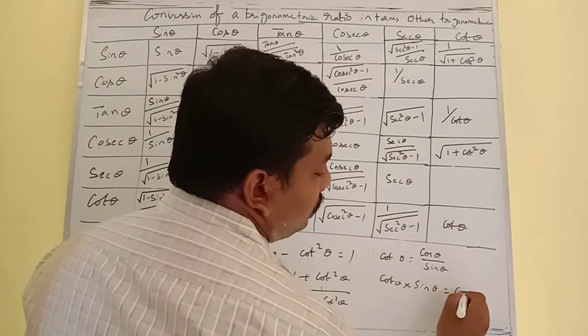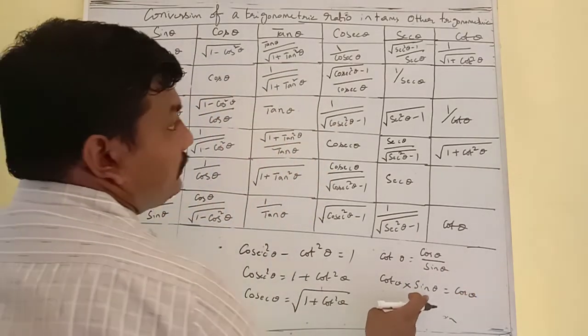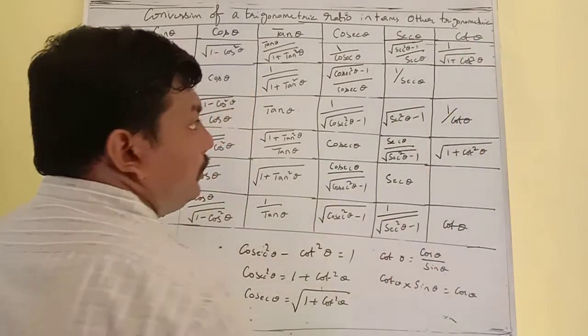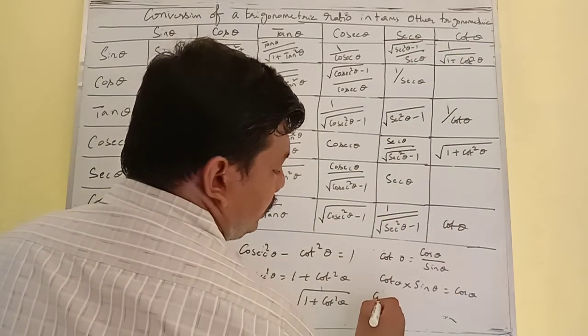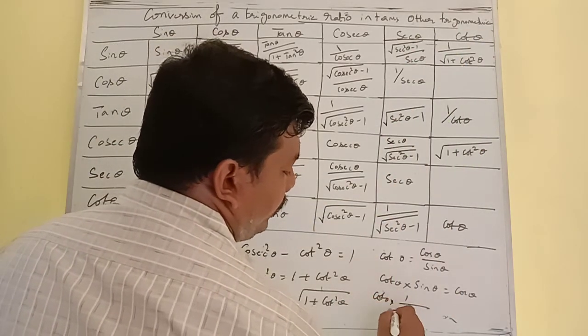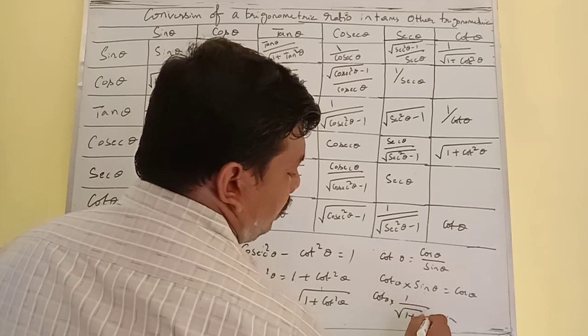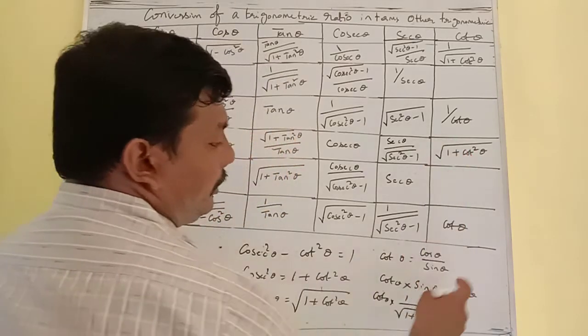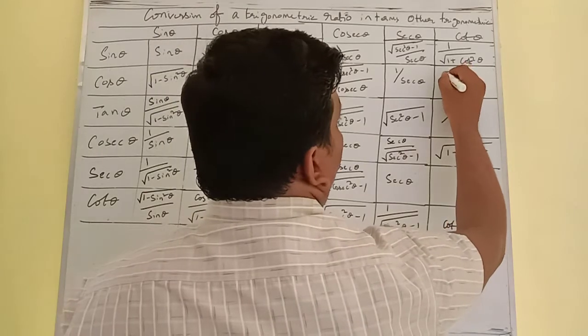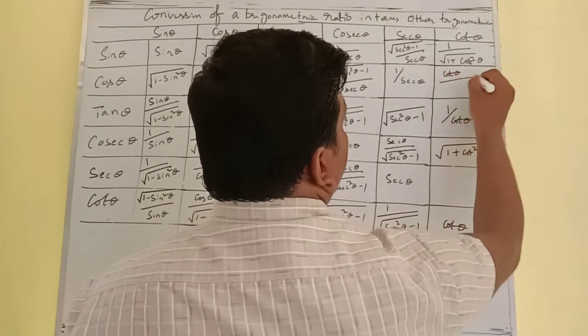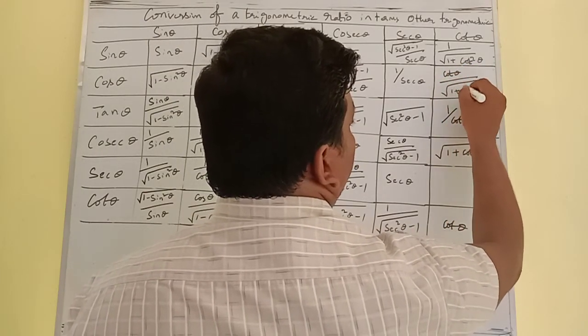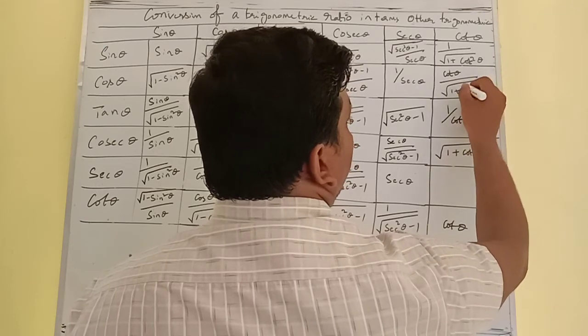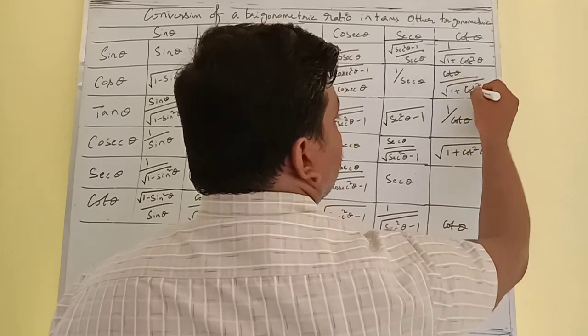What is sin theta? Sin theta is 1 by root of 1 plus cot square theta. So cos theta can be written as cot theta by root of 1 plus cot square theta.